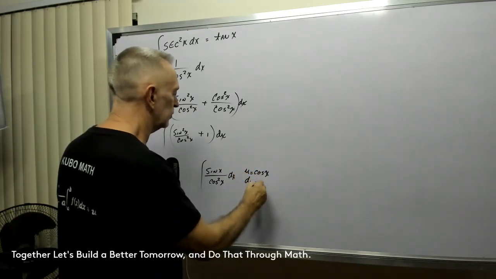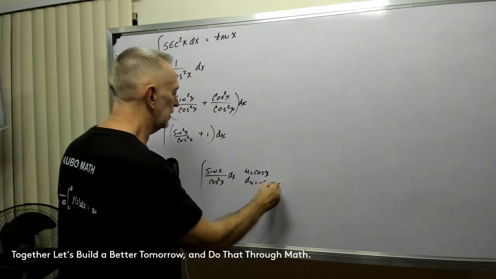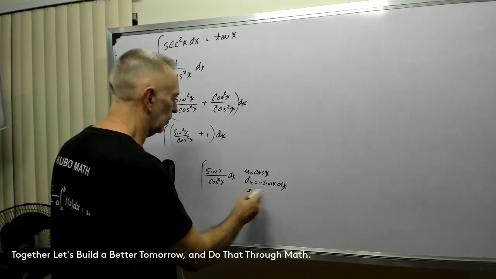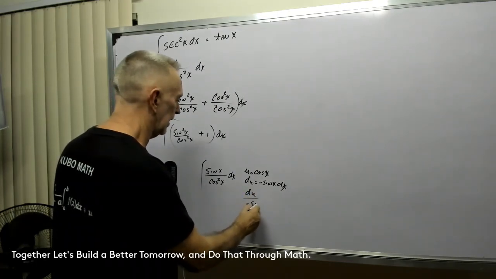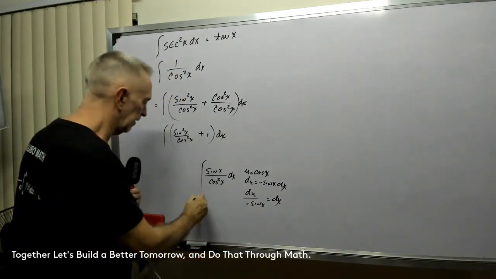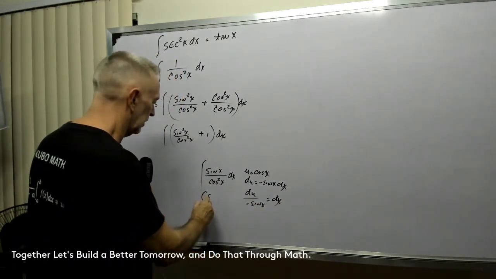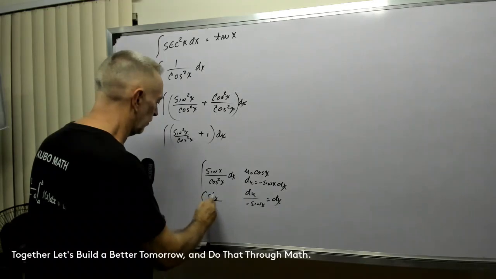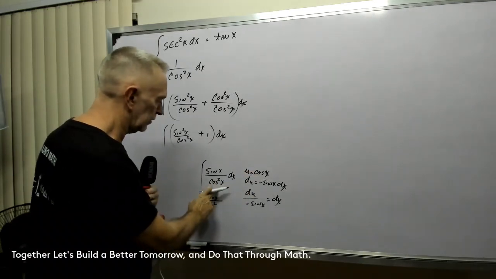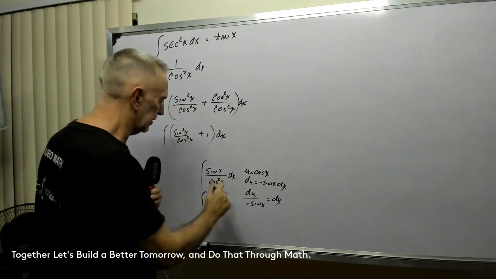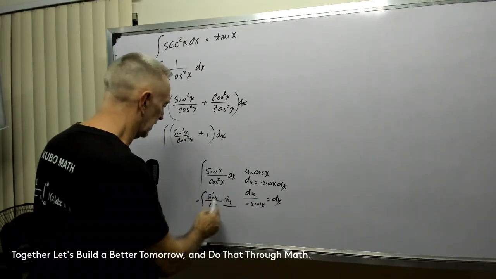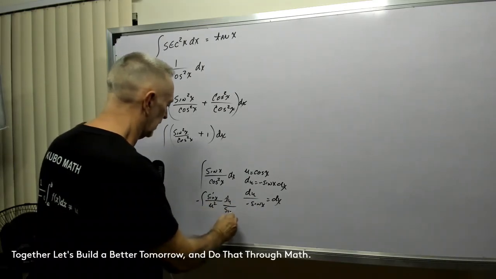Then du equals minus sine x dx. So if I isolate the dx, dividing both sides by negative sine x, that equals dx. So what would that give me? It'd give me the integral of sine x over u squared, since u is cosine x, and I replace dx with du over negative sine x.